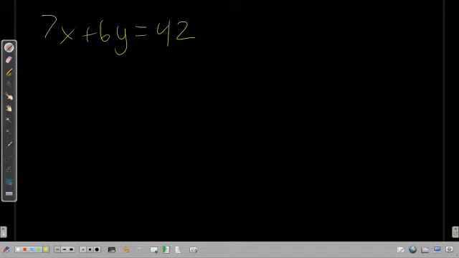Or if I say to let x be 0 and find the intercepts, I can do all that same work with no algebra. Just facts about lines. If x is 0, then 6y is 42.